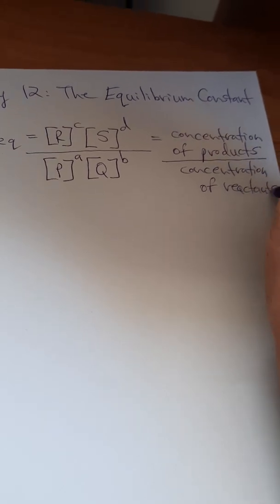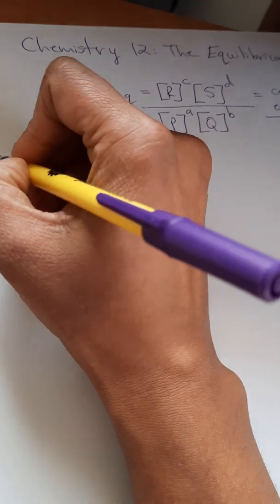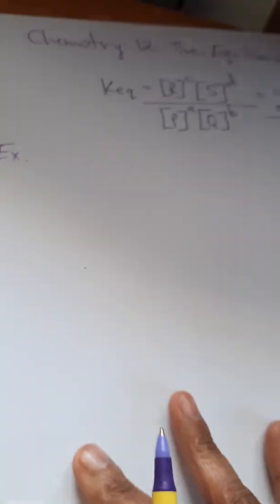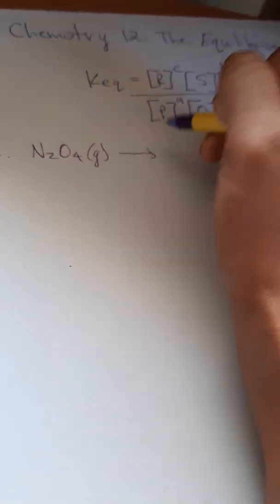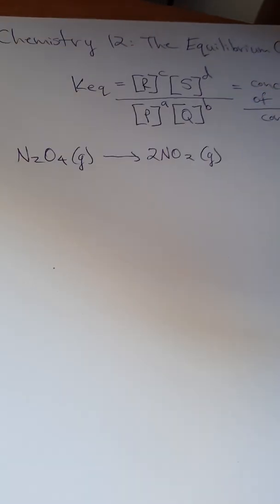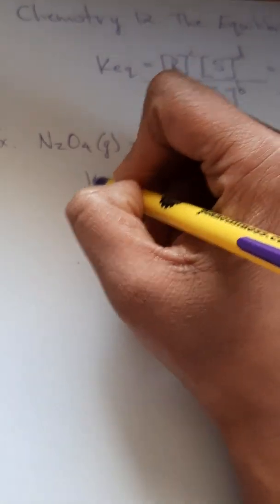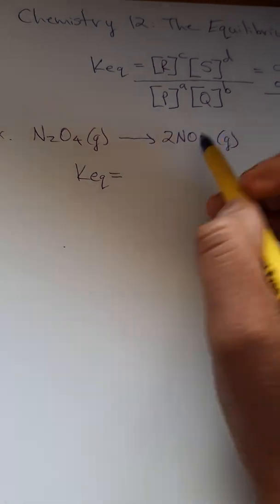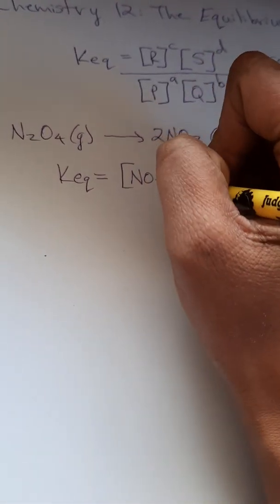So we're going to try an example right here. I have N2O4 gas, and it's being converted to 2NO2 gas. I'm going to write the equilibrium constant expression here. So K equilibrium equals, you're going to take the product, which is nitrogen dioxide.